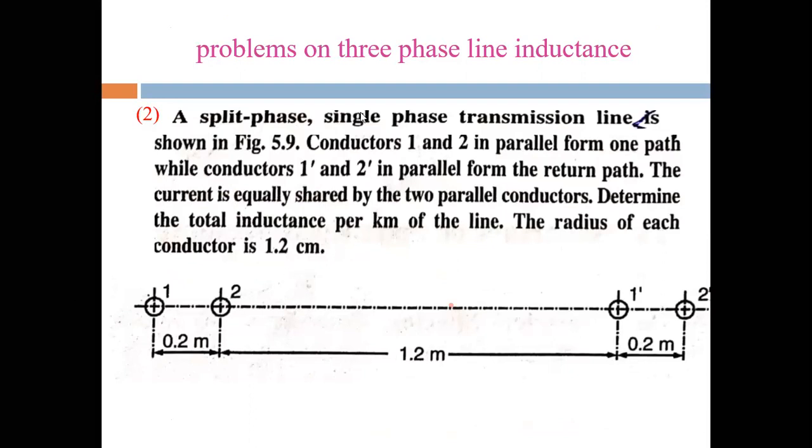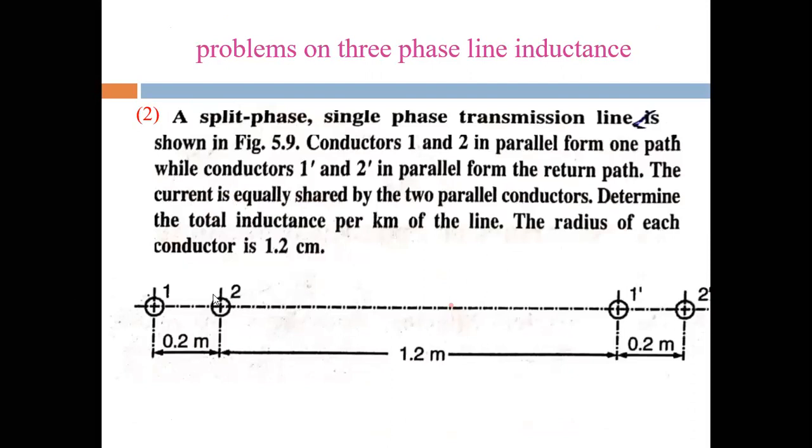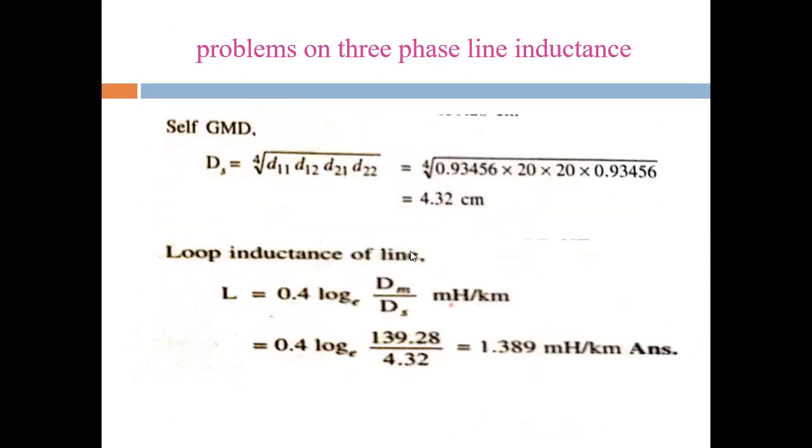And this is the problem related to the single phase line inductance. It is not a three-phase transmission system. In this problem, we have two conductors arranged in parallel, that's why we are taking Dm by Ds.